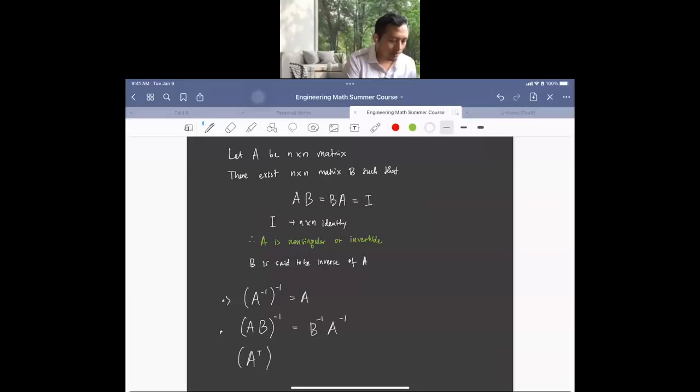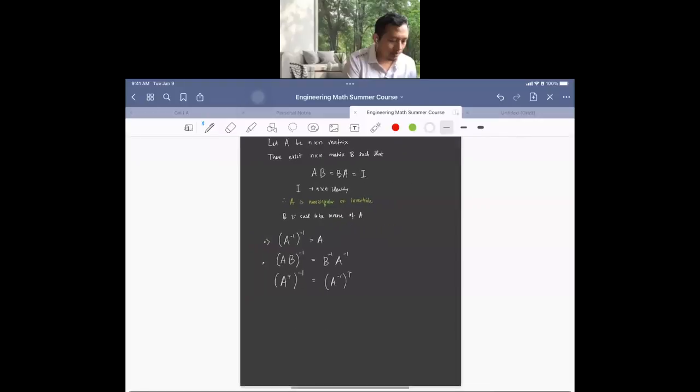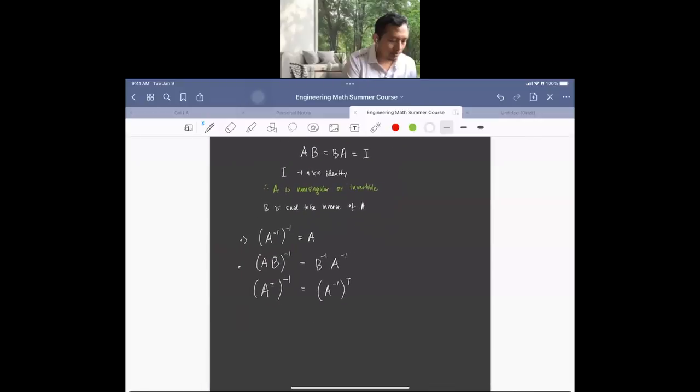And if you have A transpose and inverse, we can inverse first and then transpose, same result. I don't think proving this will be useful, but these are practically some properties of the inverse.